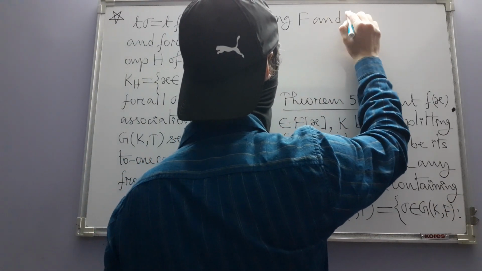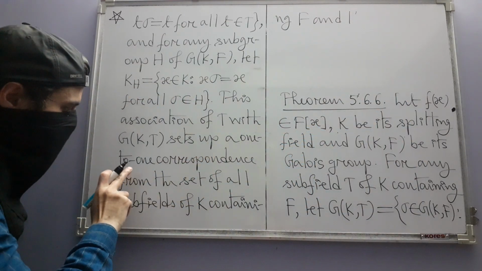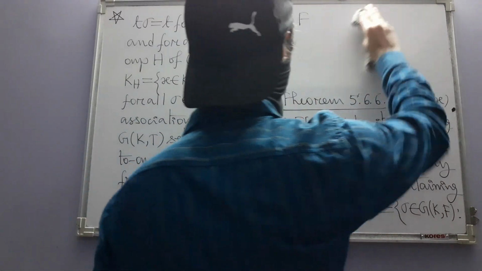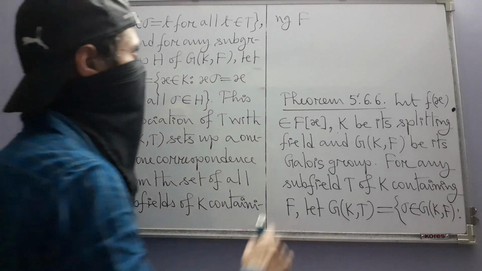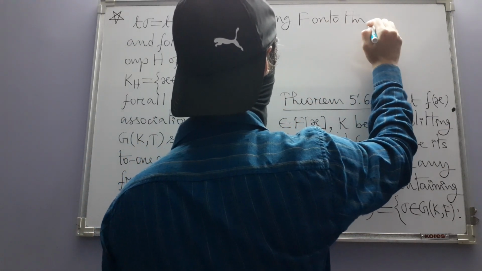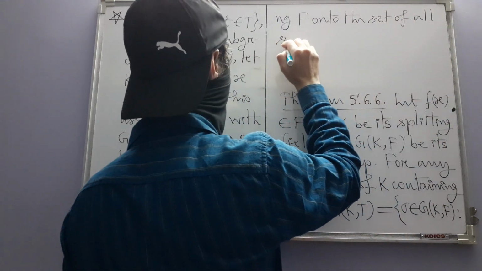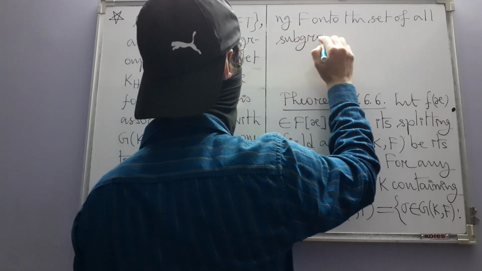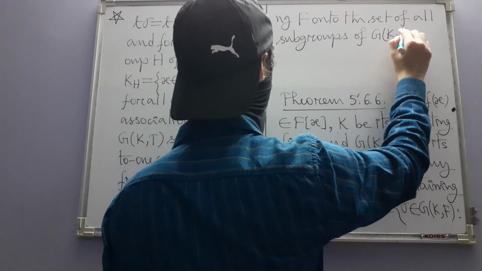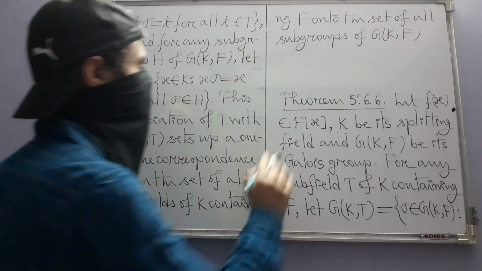The way we are writing this, let's have a one-to-one correspondence from this set onto the set of all subgroups of the Galois group such that some things happen.